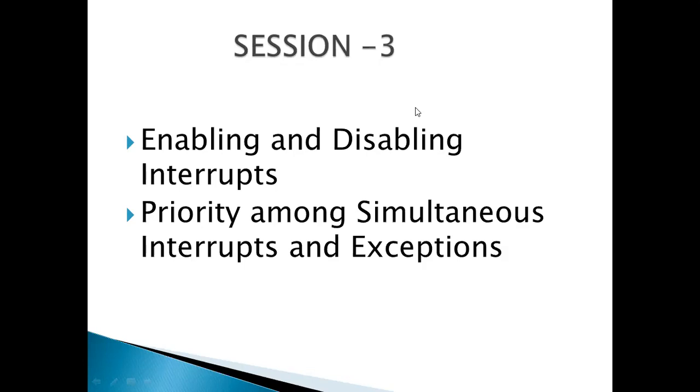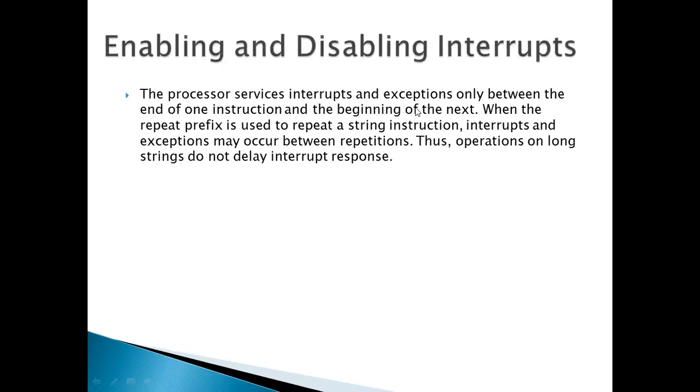But it might be possible that, related to this enabling and disabling, the processor will get an interrupt and exception, either before an execution of an instruction or after execution. If it is before, how we are going to identify depends on the flag values, which will be changed, and ultimately it will have some instructions, as we have said.